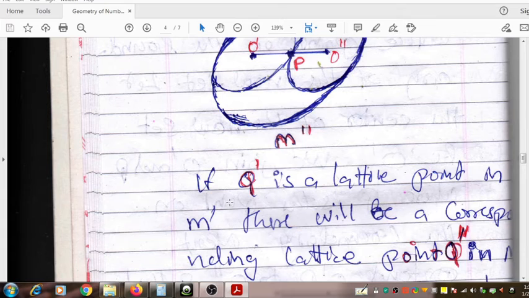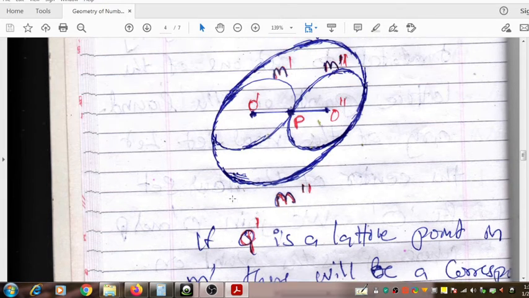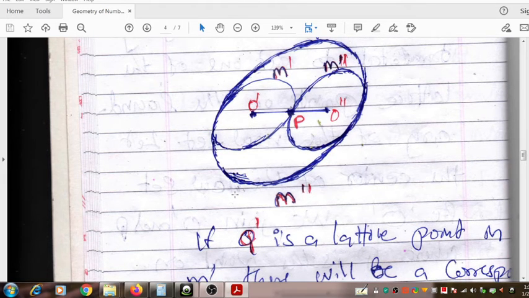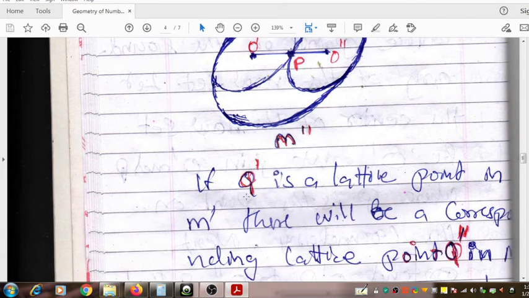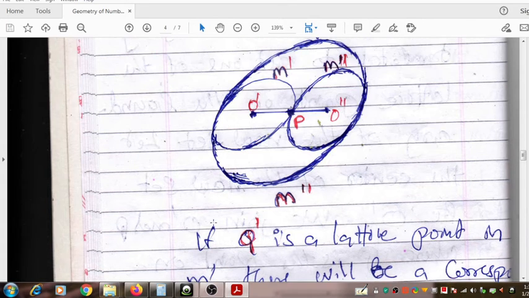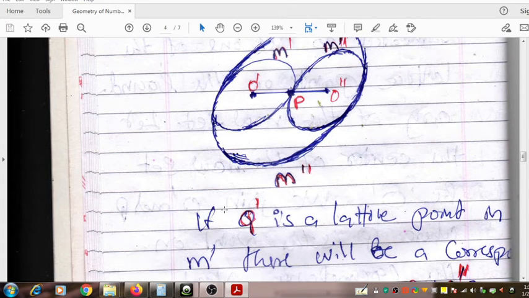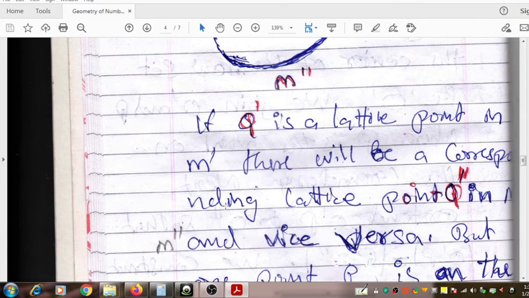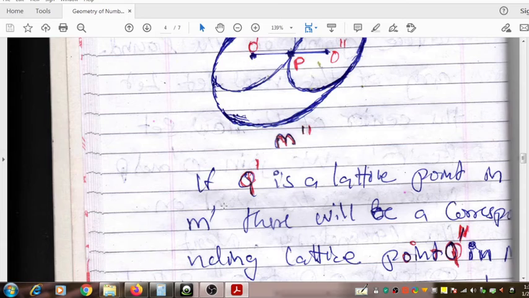Now we are going to look specifically at the lattice points present in M prime and M double prime. Suppose Q prime is a lattice point in M prime. Then there will be a corresponding lattice point Q double prime in M double prime.